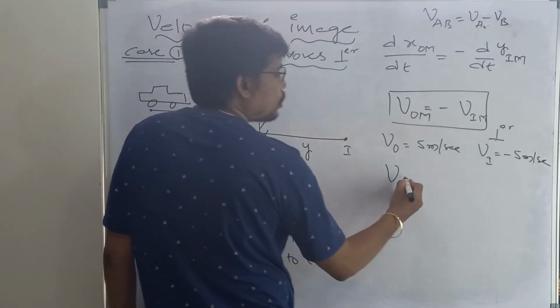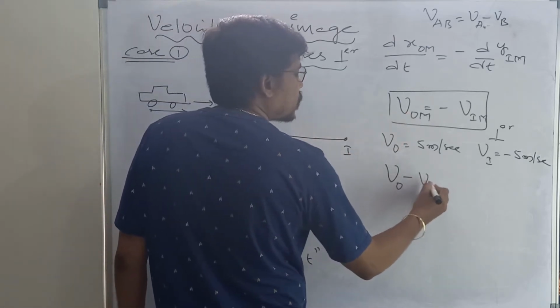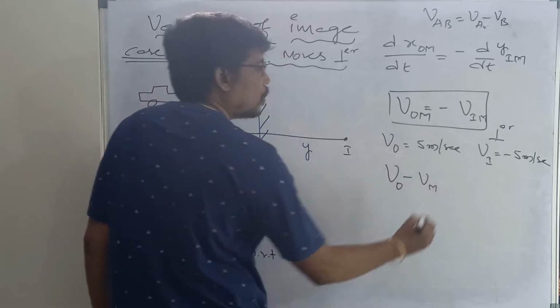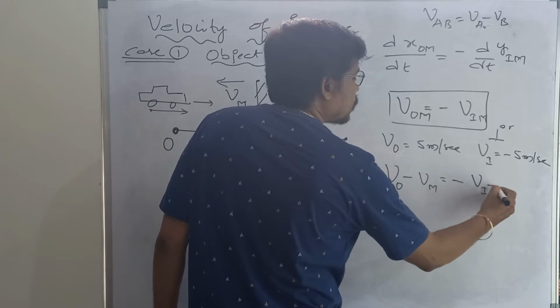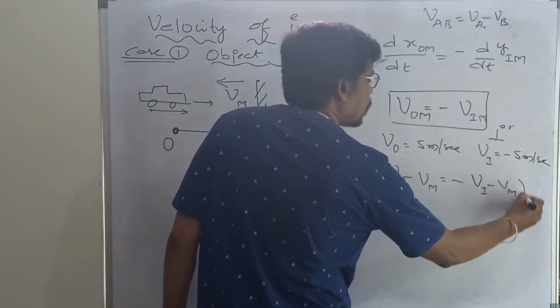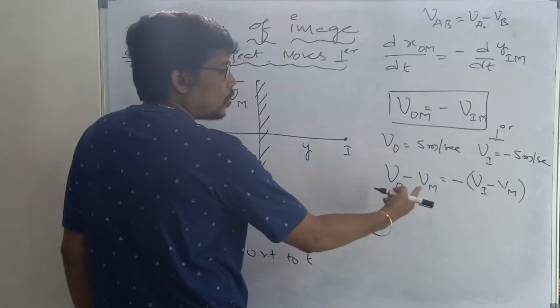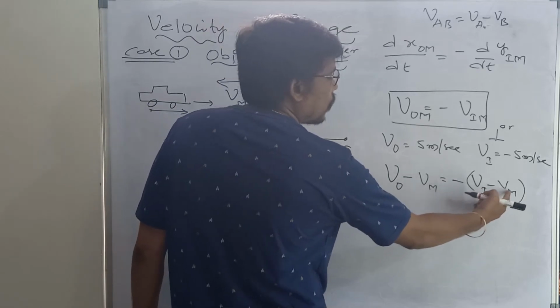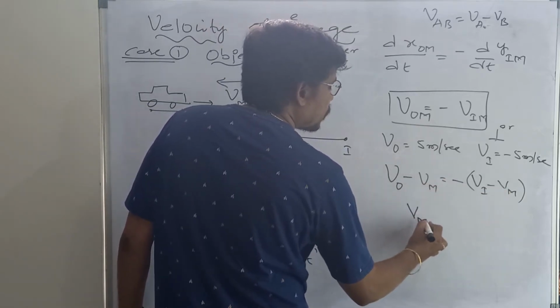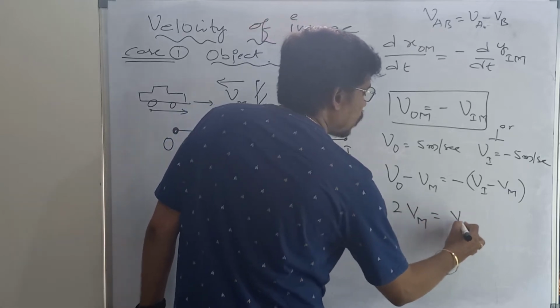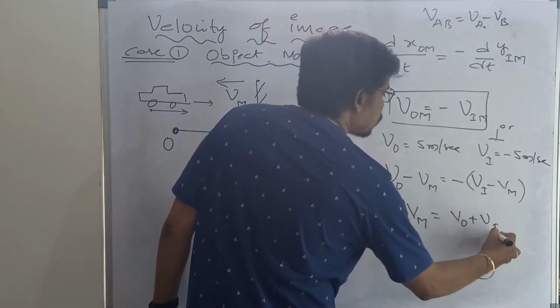Here also, the object velocity minus the mirror velocity is equal to minus of the image velocity minus the mirror velocity, right? If you solve it, bringing this to the other side, 2vm, twice the velocity of the mirror, is equal to the velocity of the object plus the velocity of the image.